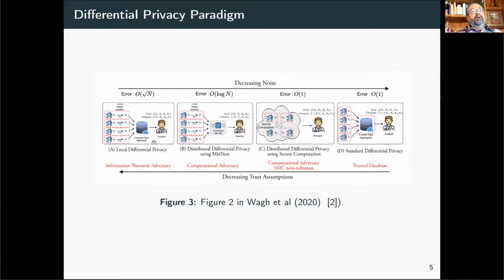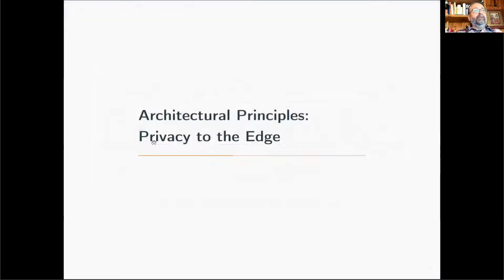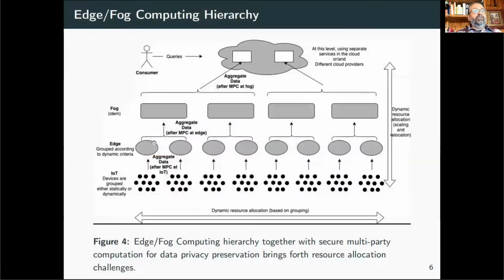So the principles we have in mind in bringing privacy to the edge are that the IoT devices are grouped either statically or dynamically. This means there is a sort of obfuscation of the data, which travels only after the data has been aggregated using an implementation of multi-party computation at the IoT side.